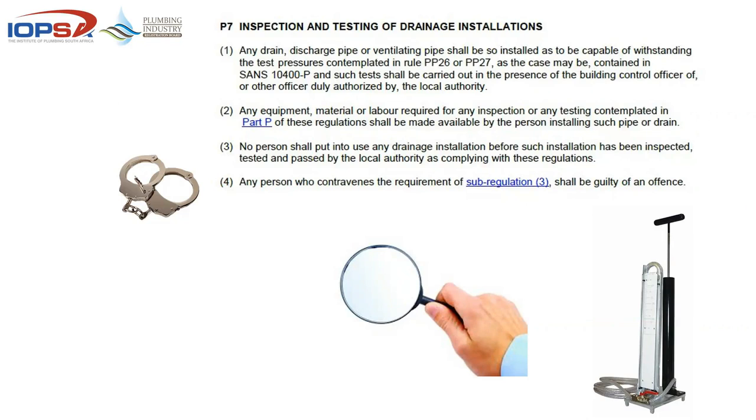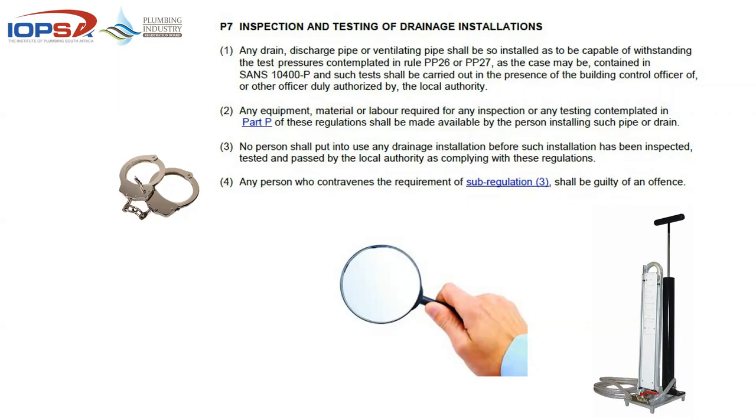If Mrs. Jones has paid you to do a drainage, she's appointed you, she's paid you to do the work, and council get to their premises and they would like to charge them with contravening sub-regulation 3, I'd hate to have a show of hands, but you'd find that very few of your clients are actually going to take the can on your behalf.